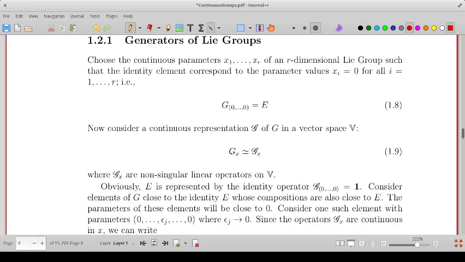And we now consider a continuous representation which we denote by this symbol G of the group in some vector space V. So obviously these objects G(x) are linear operators in that vector space, may be represented by matrices.